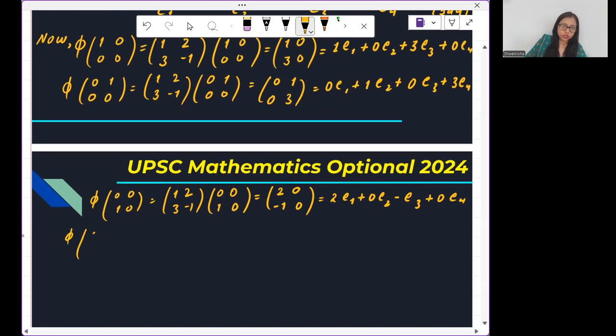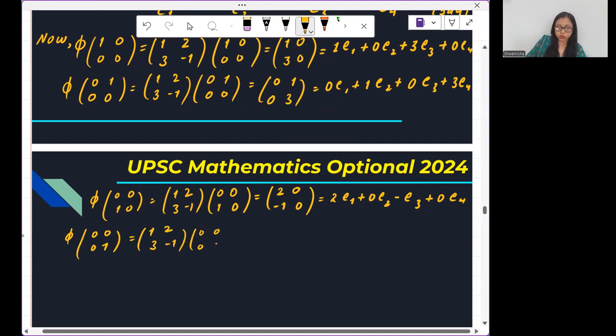And phi of 0, 0, 0, 1 is 1, 2, 3 minus 1 times 0, 0, 0, 1, which gives me 0, 2, 0, minus 1, 0 E1 plus 2 E2 plus 0 E3 minus E4.